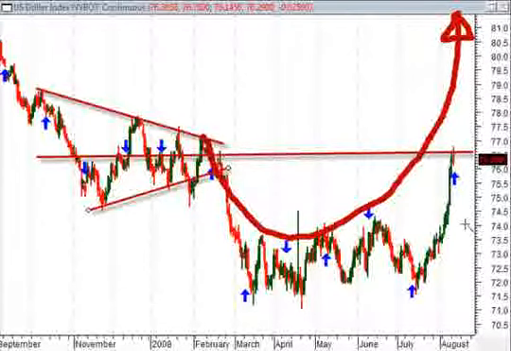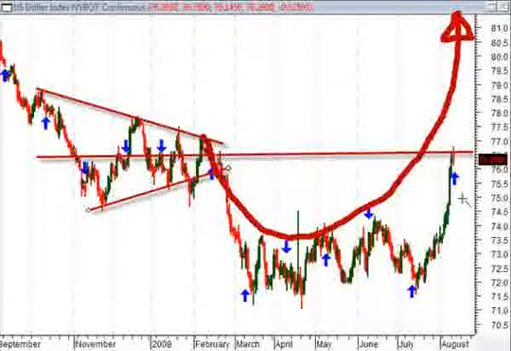Now, given the long-term macroeconomic forces here, there's a good chance that there is a lot more dollar appreciation in store. And that's one of the big takeaways, which means that if we break up above this consolidation level that we're at right now, so if we break up above the 77 mark or so, then we still have an opportunity here for dollar bulls to make some money.